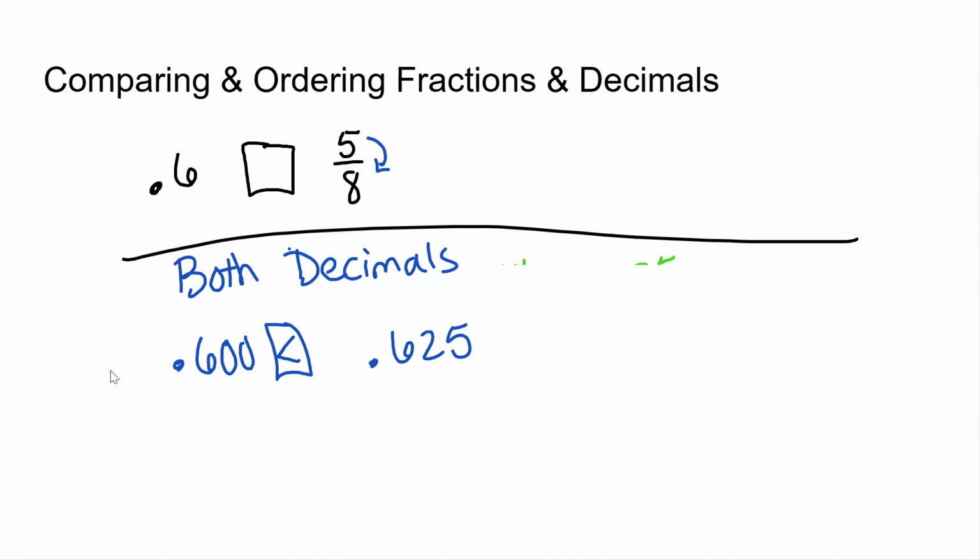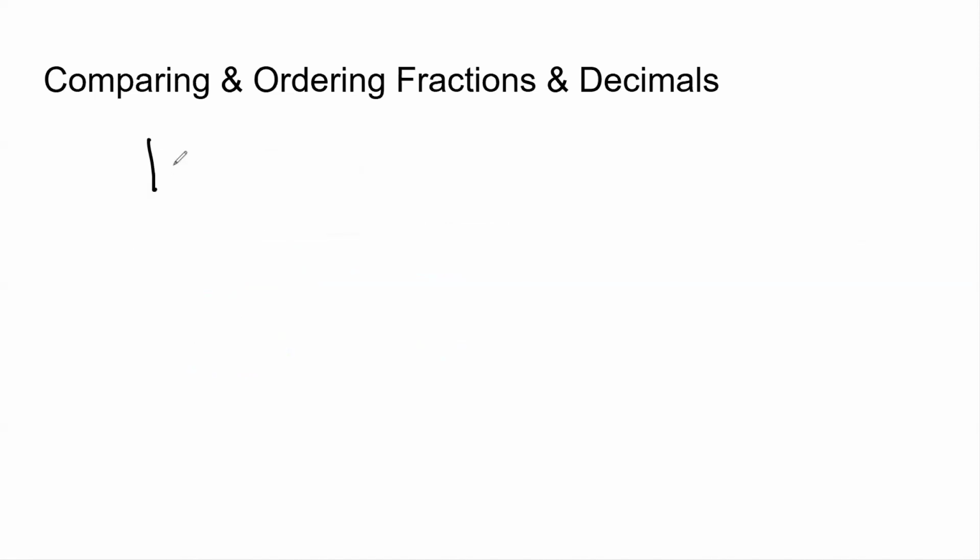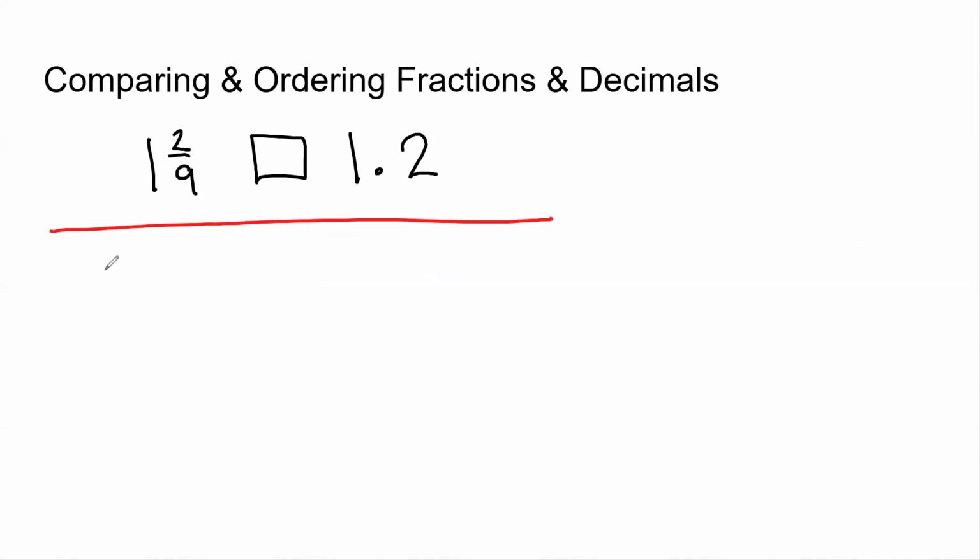Okay, I would like to do 1 and 2/9 compared to 1.2. All right, so if we're going to do both fractions, the first one already is a fraction, and the other one would be 1 and 2/10.